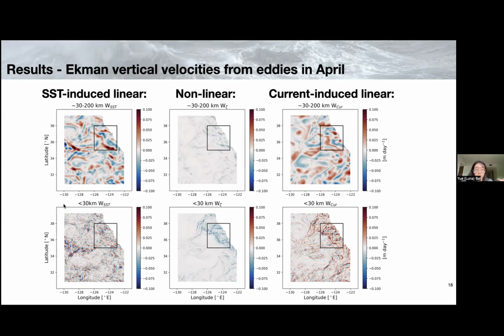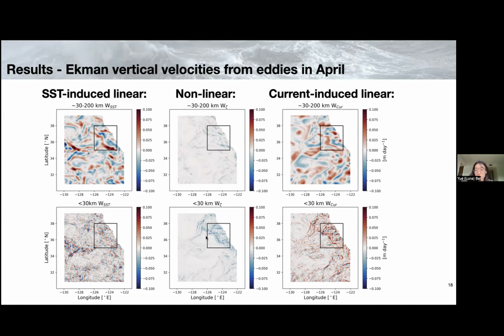But now when we move to sub-mesoscale, to smaller scales, we can see that the magnitudes of the SST-induced and current-induced linear vertical velocities are still pretty comparable to each other, but we can clearly see that the magnitude of the current-induced vertical velocity is picking up, becoming stronger compared with the other two components.